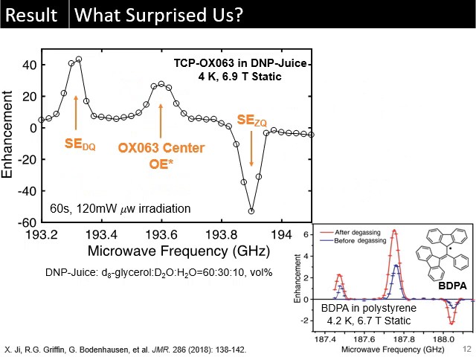So here's the frequency profile for the TCP trityl mixture in DNP juice at 4 Kelvin. The enhancement at the trityl center frequency, we assign as the Overhauser effect, and I'll address it as OE star for now. And the two enhancements, which are omega naught H apart from the trityl center frequency, we assign as the solid effect.